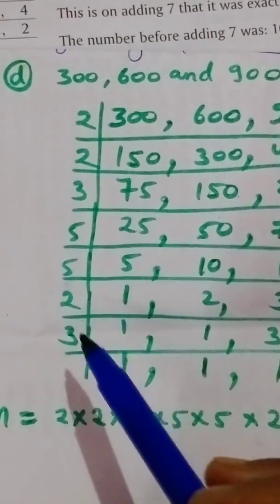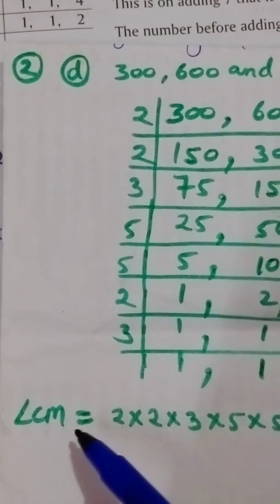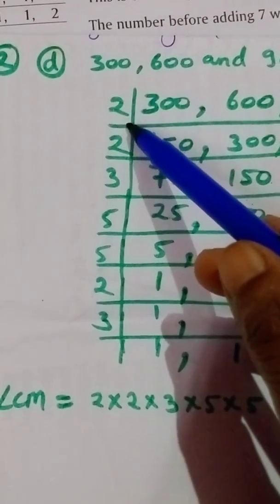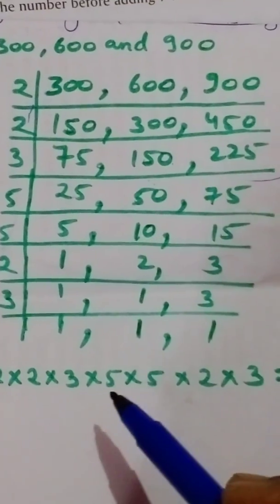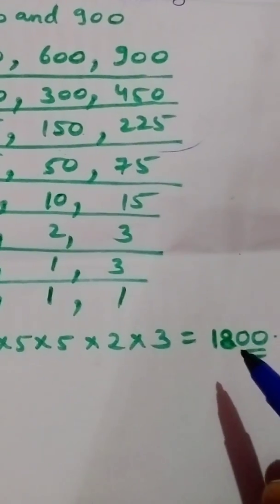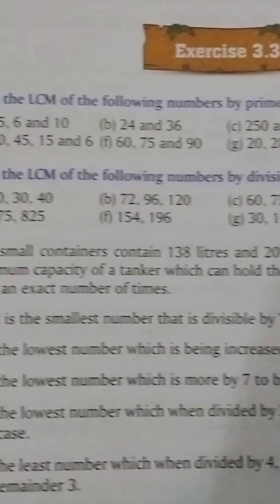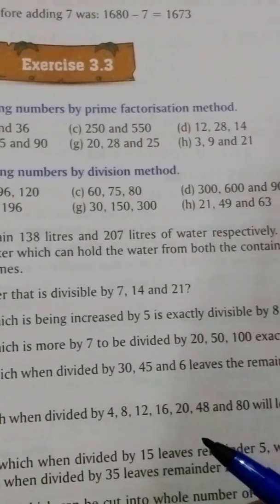It means there is no other prime factor. Now write its LCM by the product. Product means you have to multiply all these factors. When you multiply all these factors, you will get the LCM 1800 as the answer. Like this, you have to do the remaining parts of these questions as homework.